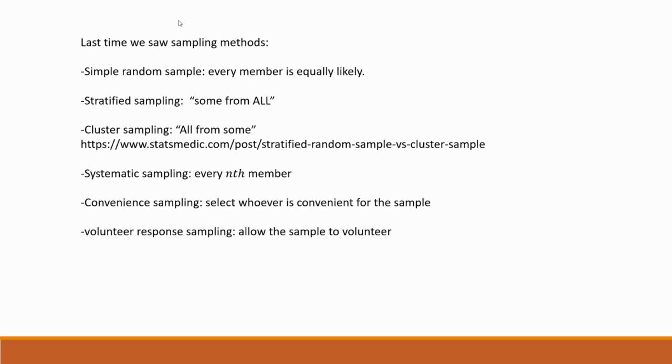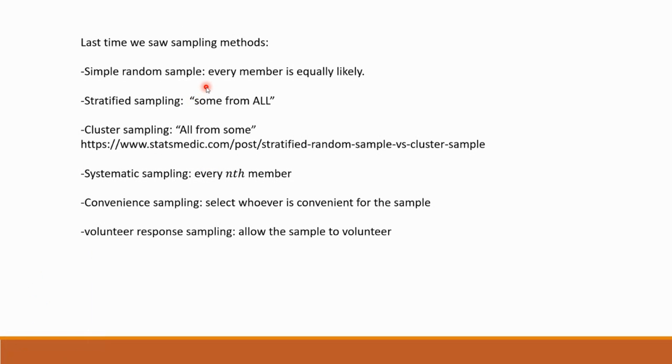So you have to somehow form a sample that's representative of the population. You can't just choose whoever you want. You can only use certain methods, and that's what we have here.